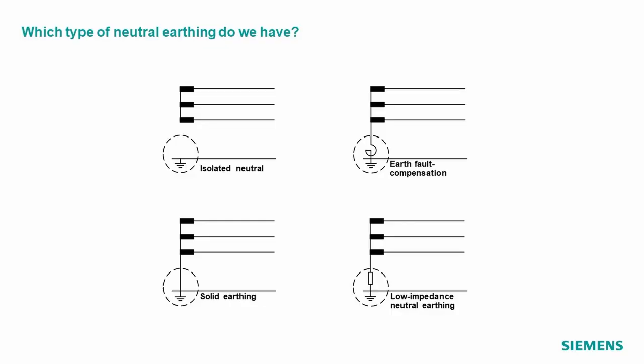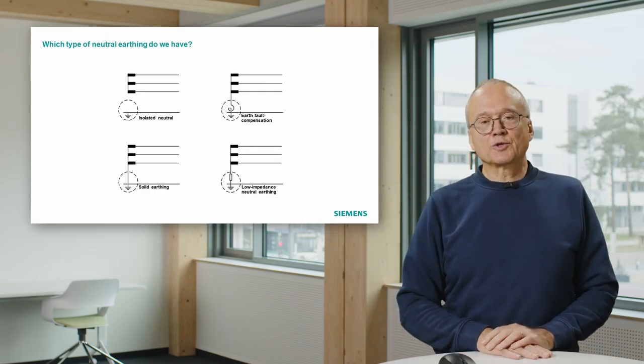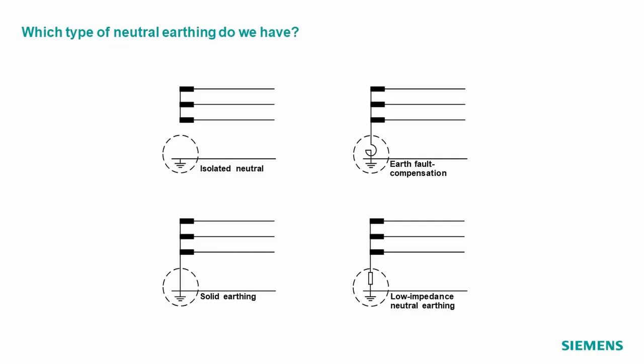And you can do even more things. You can put in a reactance here. And with such a reactance, you can bring down the short circuit current even to 0, or you can leave this open.